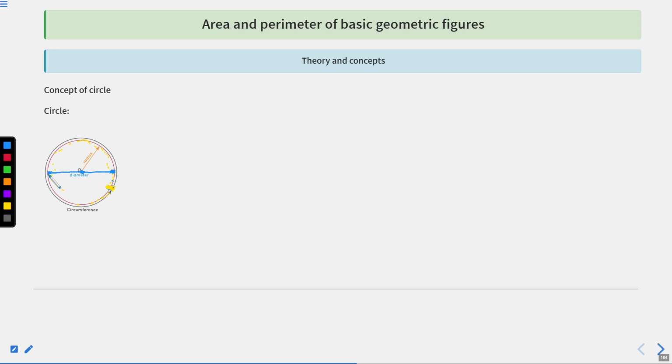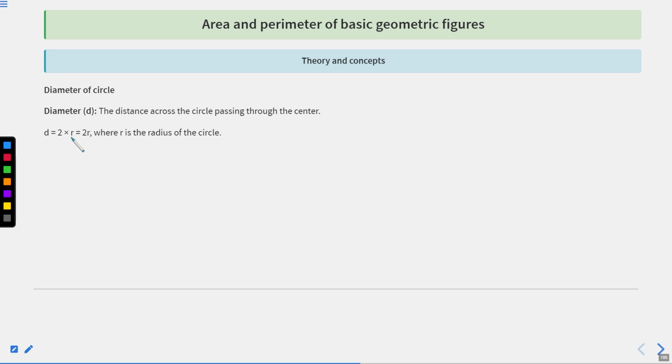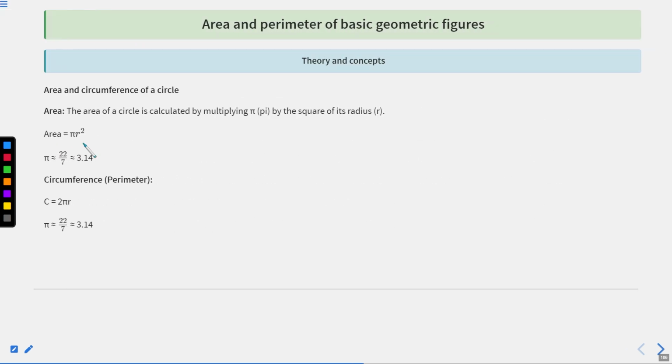So if I have to ask what is the length of this complete blue line, this one is radius and this one is also radius. So radius plus radius, that is 2 radius. That's exactly what is written here. Diameter equal to 2 times radius, and here it is denoted by r. So d equal to 2r.